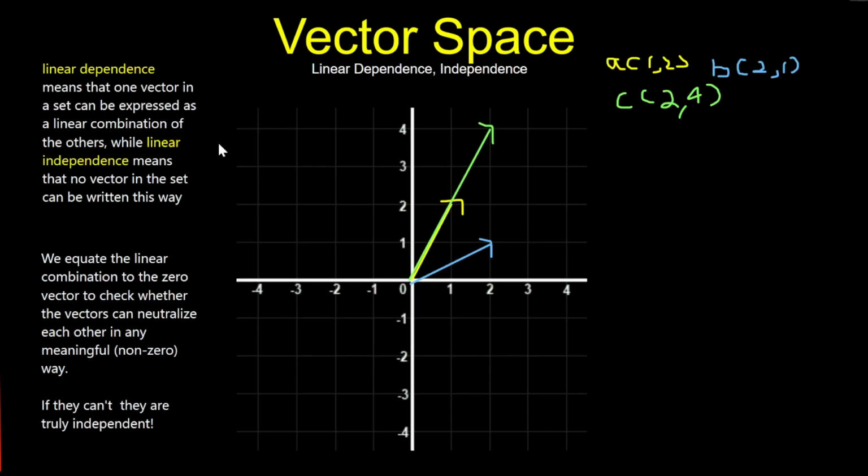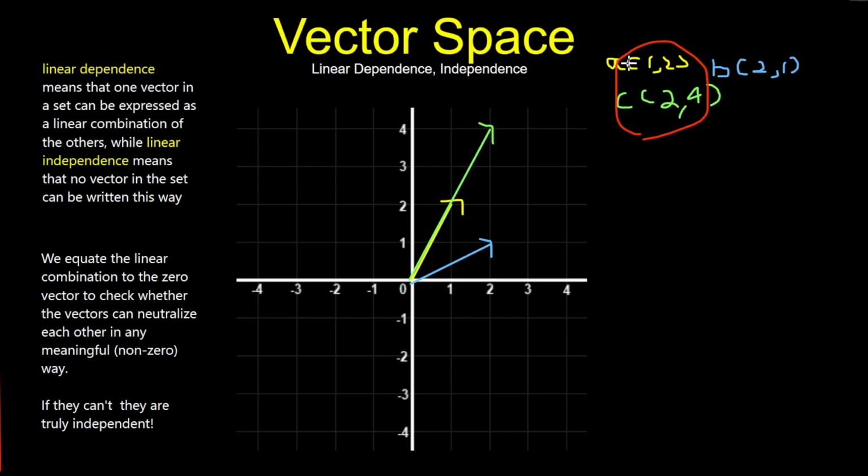Let's see about linear dependence and independence. Linear dependence says that one vector in a set can be expressed as a linear combination of others, while linear independence means no vector can be written in that way, that is, no vector can be expressed as a linear combination of the others. We have these three vectors here. Let's take these two vectors alone, which are on the same line.